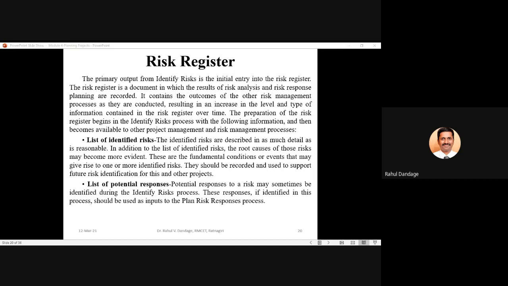At the same time you will also be supplied with the information on how, at that point in time, it was thought the risks would be responded to. So you can take some guidance and reference from those responses documented during the identification process, and then plan what response strategies will be applied to the specific risk categories under consideration.